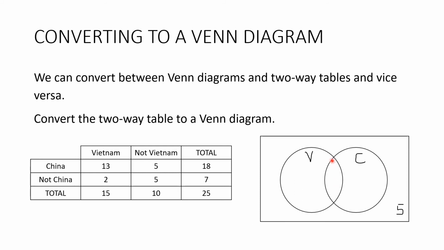And then we need to know this overlap in here. How many students are going to both countries? 13. Okay, and we can easily fill in the rest of it. So going to China but not going to Vietnam is 5, so that goes in here. And going to Vietnam, but not going to China is 2. And so that goes in here. And there's our Venn diagram.